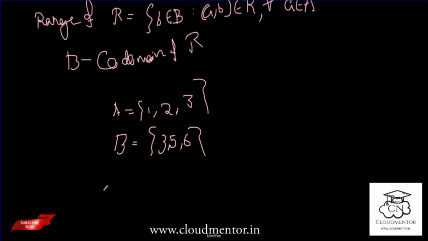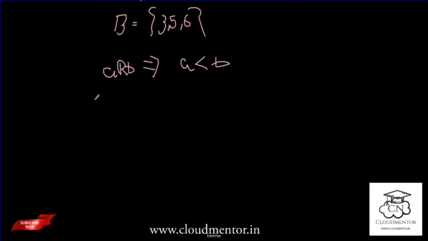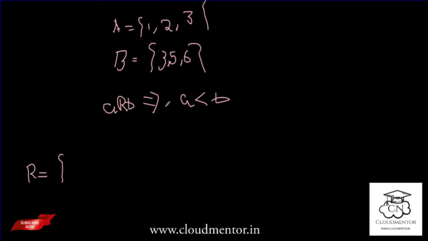Then let a is related to b by R, which implies a is less than b. This is a relation. So R can be written as ordered pairs (a, b) where a must be less than b. If you take 1, then we can take any of them. The a must be less than b.